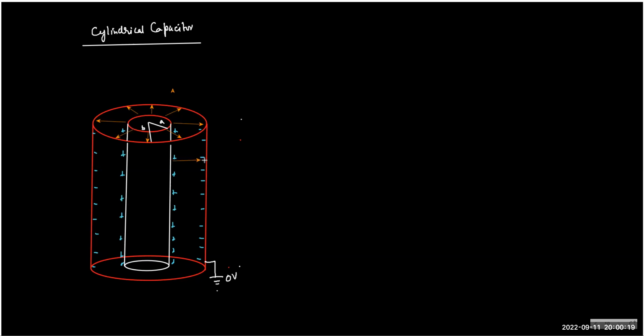And similar here. But it is radial, which means as you go away, field lines will change, isn't it? I hope you remember this. So here, for infinite line charge, we cannot write potential. So we can't do the similar thing that we did for a spherical capacitor.